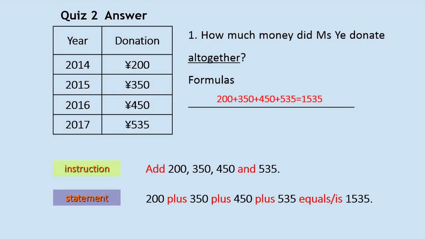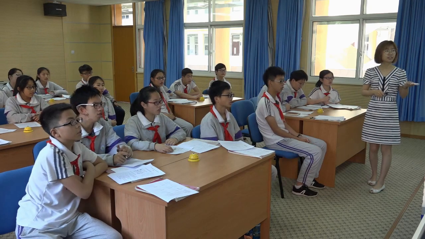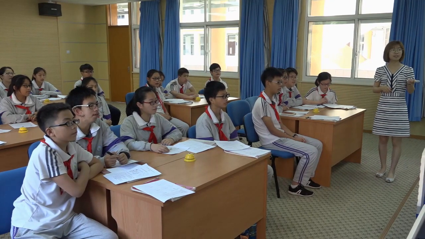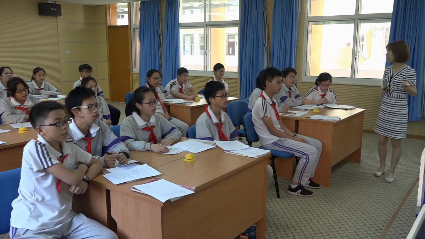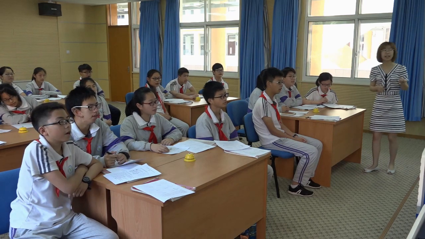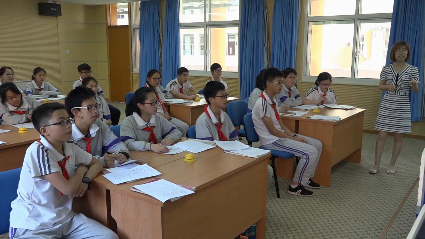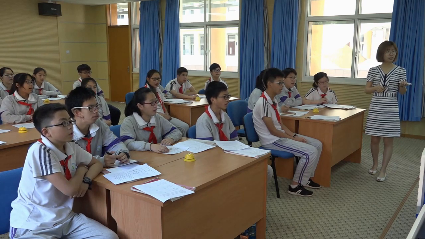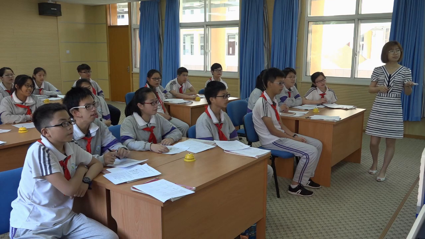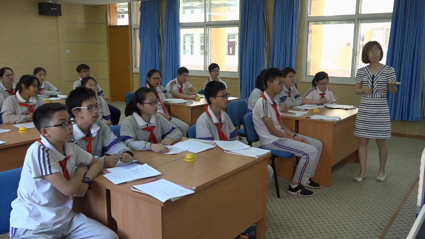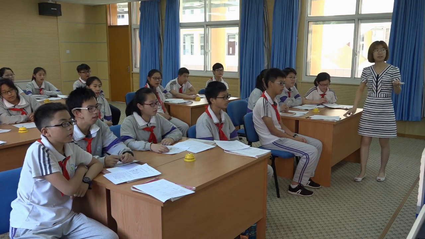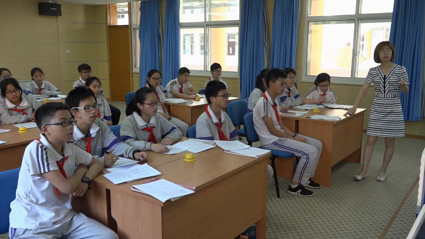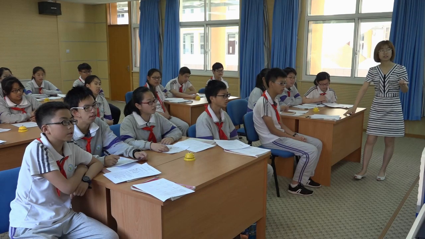Now let's read together. Instruction. Add 200, 350, 450, and 535. Statement. 200 plus 350 plus 450 plus 535 equals 1,535.